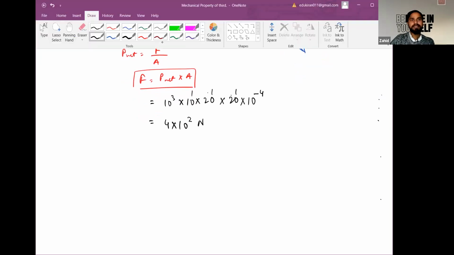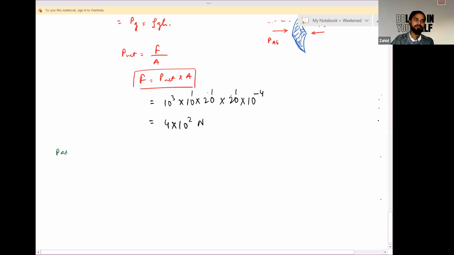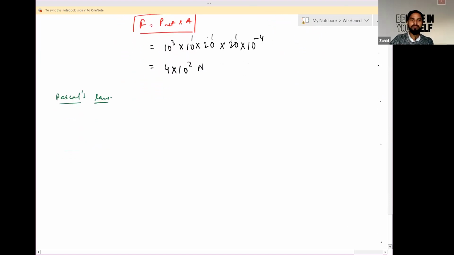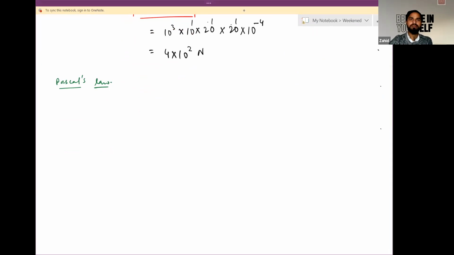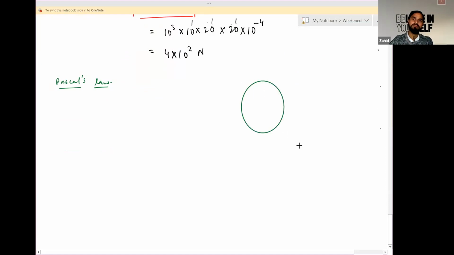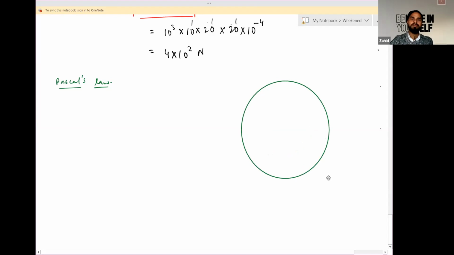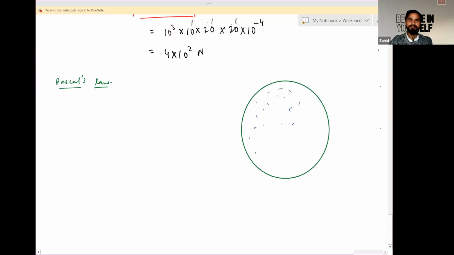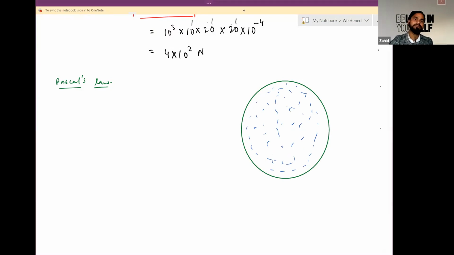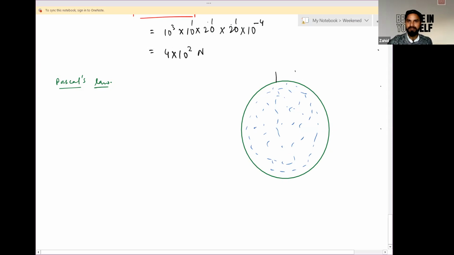Next is Pascal's law. Suppose you have an enclosed vessel like this, in which incompressible and non-viscous liquid is filled, which is connected by or joined by different piston.